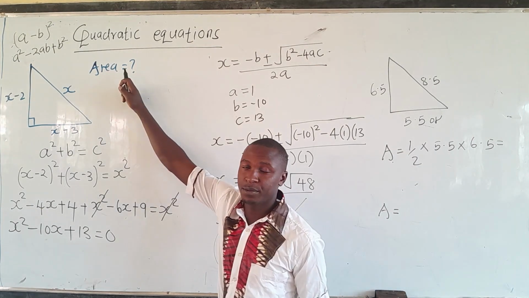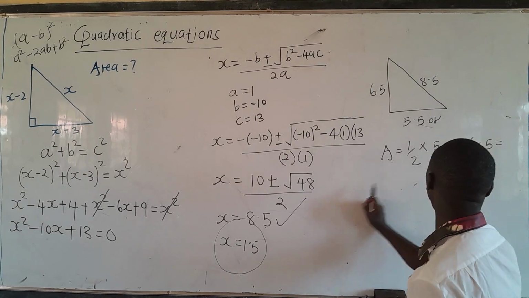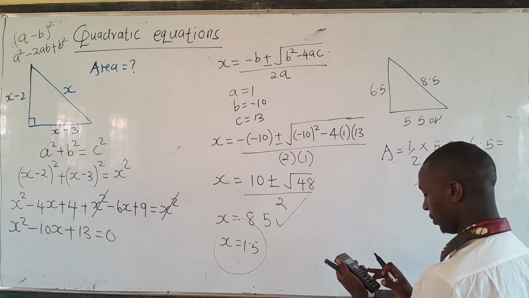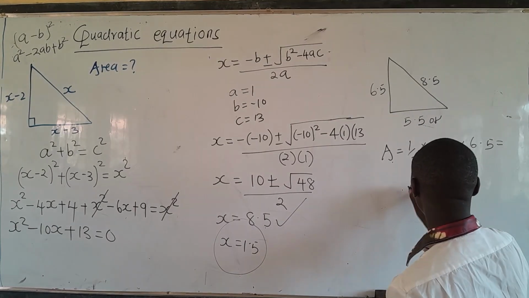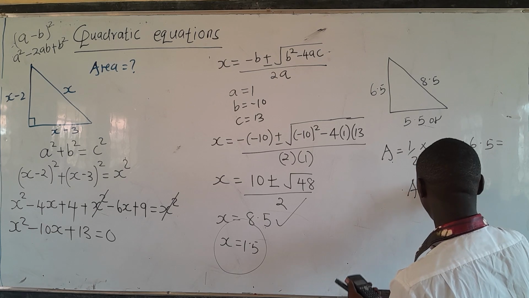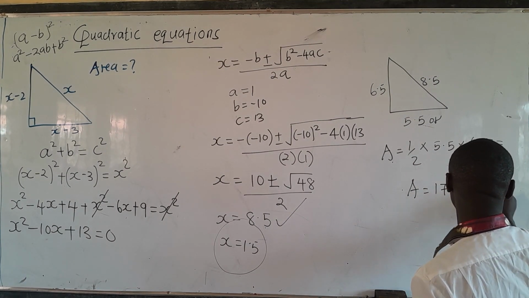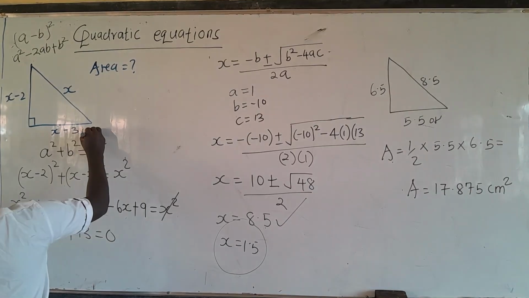So if we have 5.5 multiplied by 6.5, and we divide that by 2, then the area is exactly 17.875 centimeters squared, if the units are in centimeters.